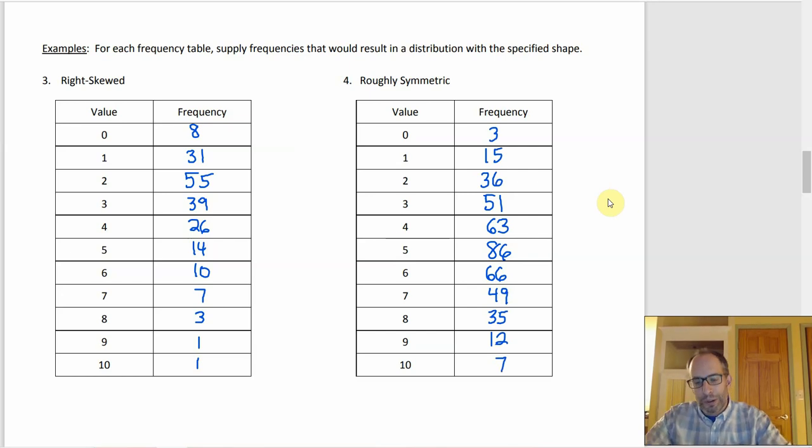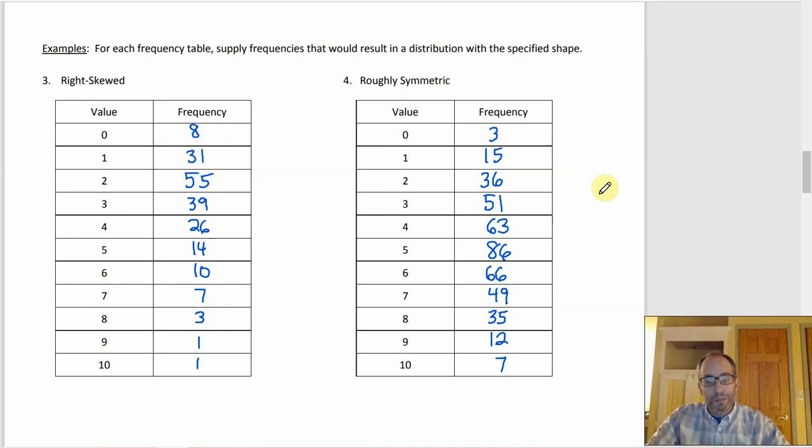So in both directions, you get smaller and smaller and smaller, and it's not a perfect match, right? 63 and 66 aren't the same number, but they're pretty close. 51 and 49 aren't the same number, but they're pretty close. And I did that on purpose where none of them actually match. But it's the same pattern going both ways, and there are just those slight variations between 63 and 66, between 51 and 49, between 36 and 35, and so forth.